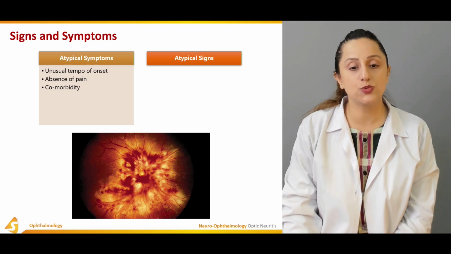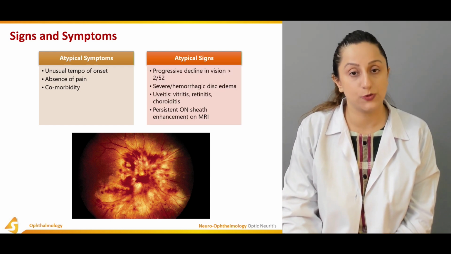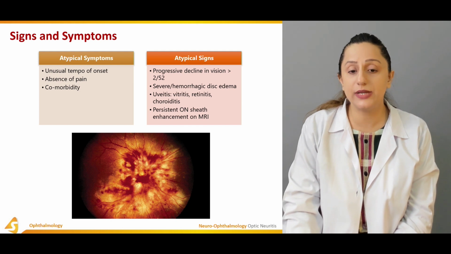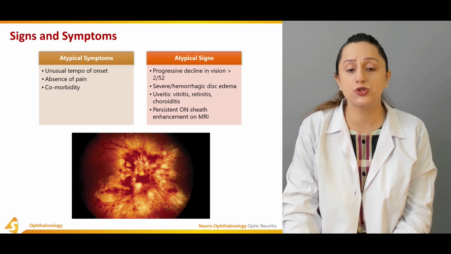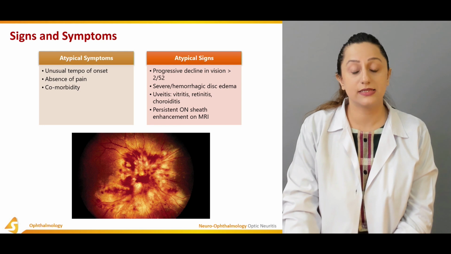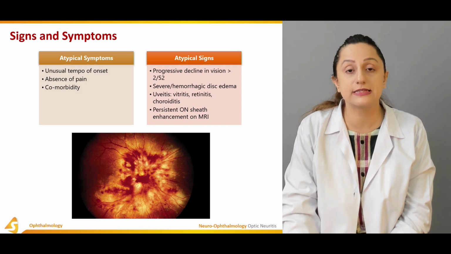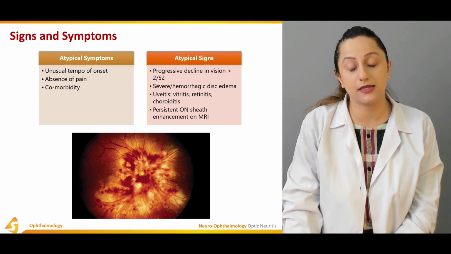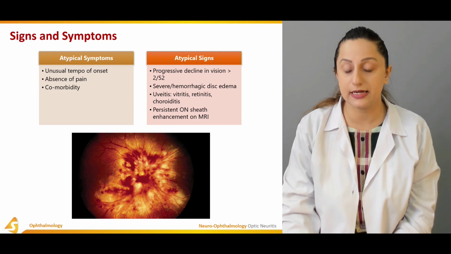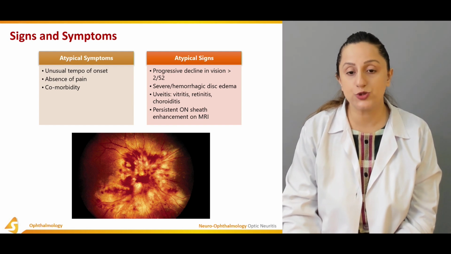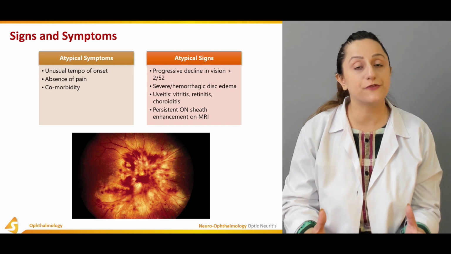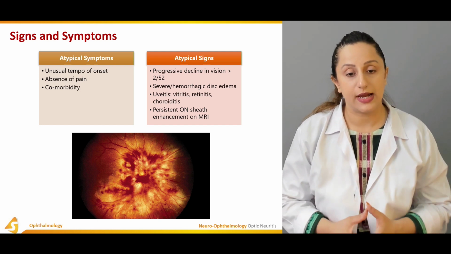The atypical signs would include the progressive decline in the vision. And then there is going to be a 2/52 decline. If it is not treated, it is a severe visual field defect in an individual. Severe hemorrhagic disc edema is observed in these individuals who are suffering from the atypical optic neuritis.